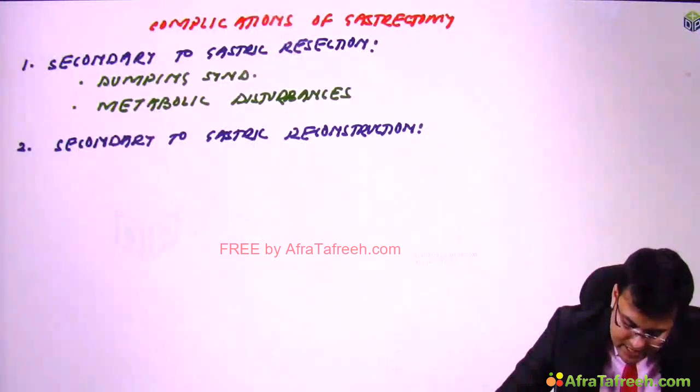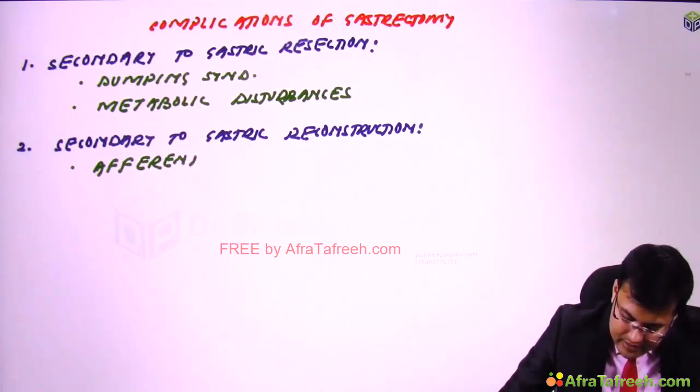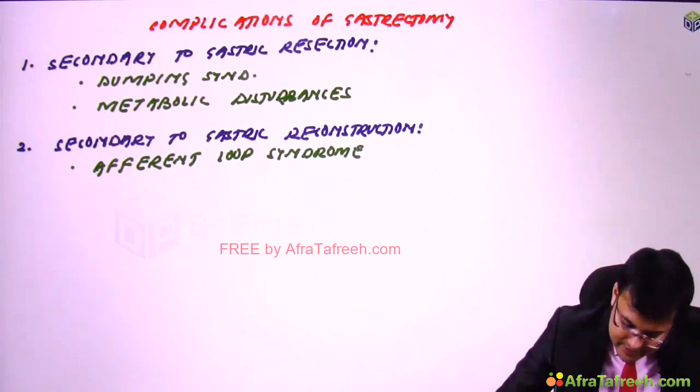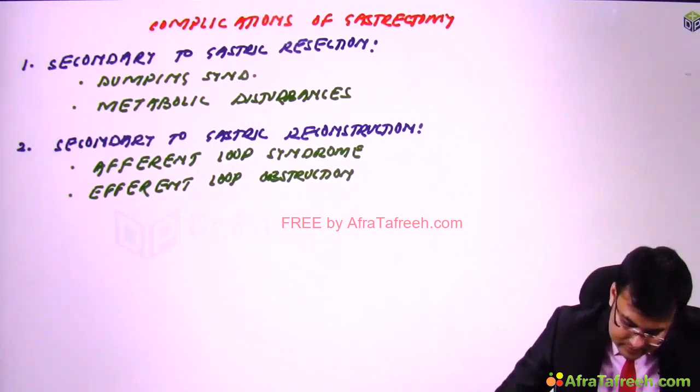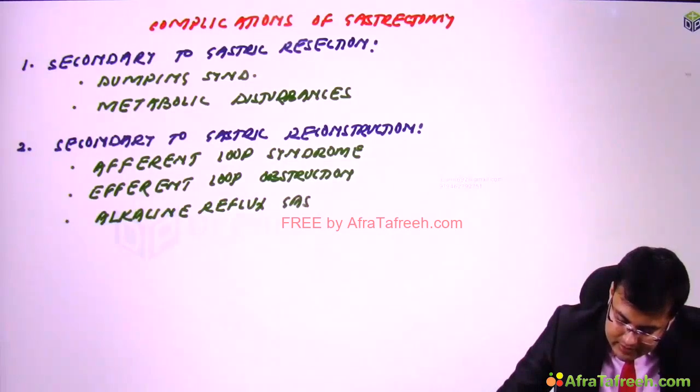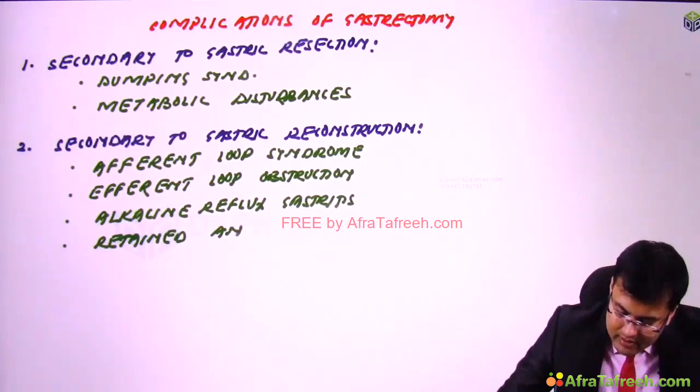And these are first afferent loop syndrome, second efferent loop obstruction, third is alkaline reflux gastritis, and fourth is retained antrum syndrome.